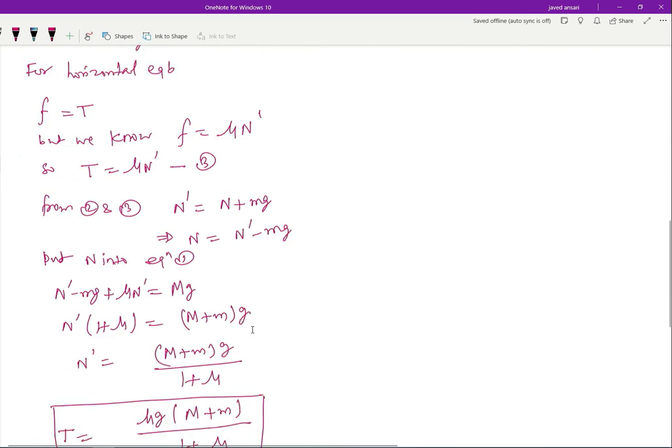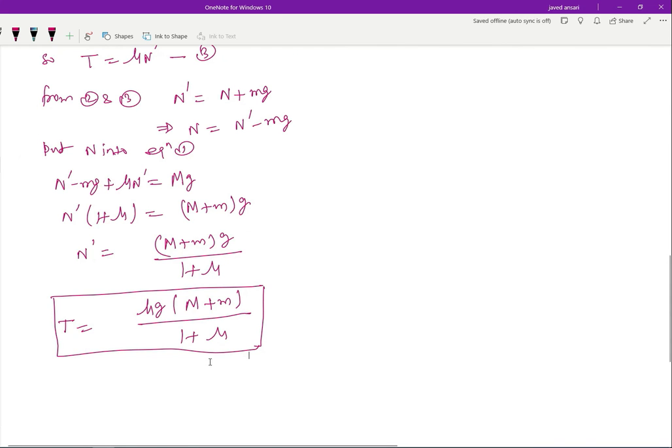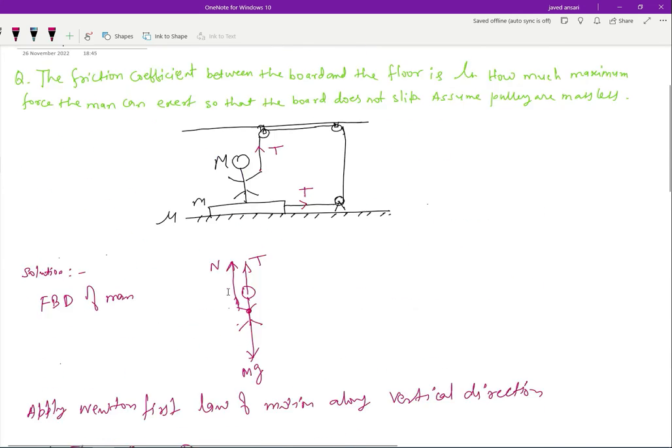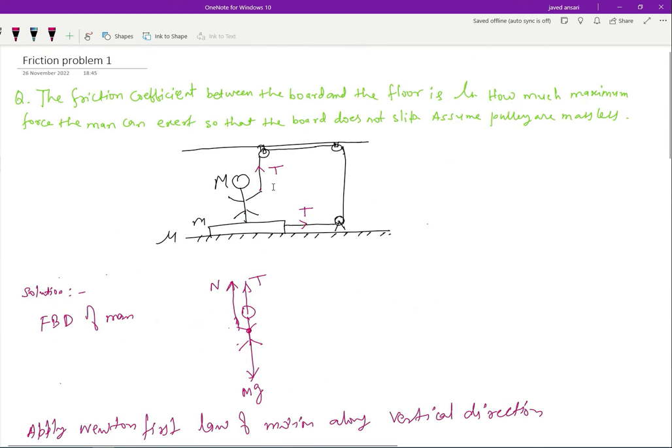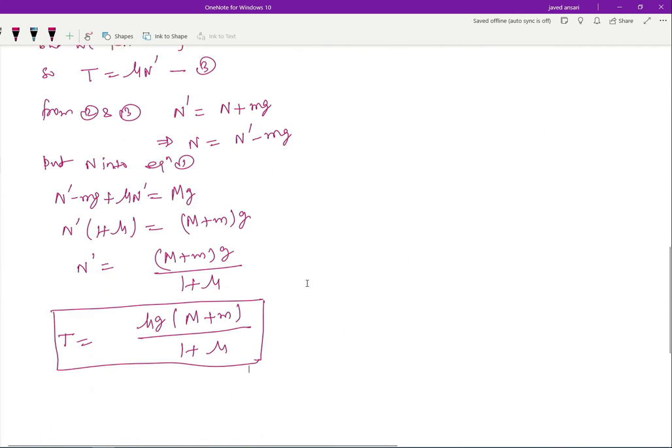So this is the force which he can apply up to the maximum limit, till the plank will not move. What will happen if he applies more than this value? This T will exceed the frictional opposing force, and then the whole system will start moving. So this is the maximum force you can apply.